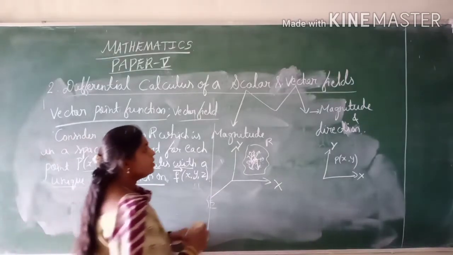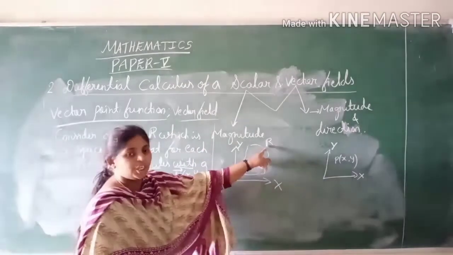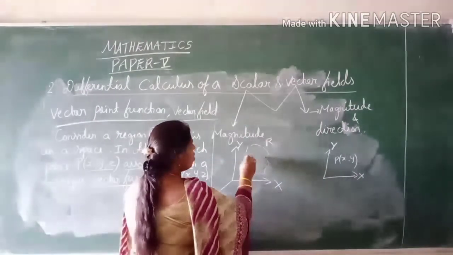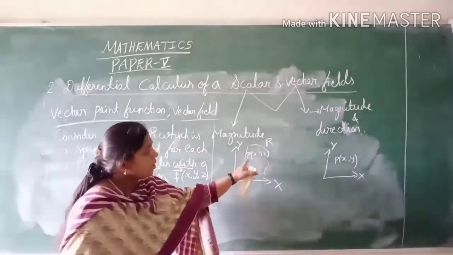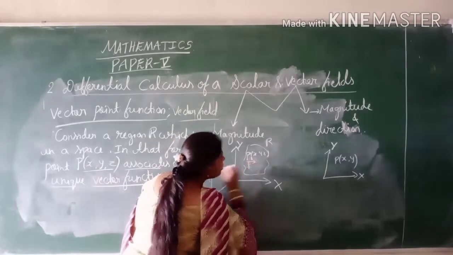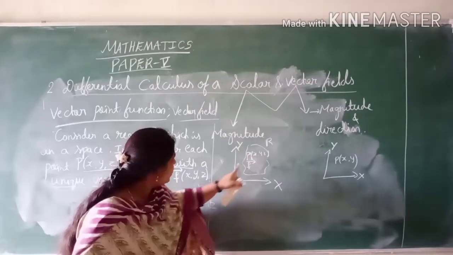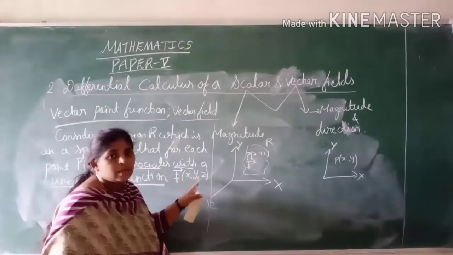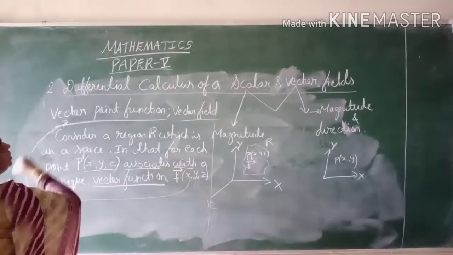This is a three-dimensional space with the region R and the point P of x comma y comma z, which associates with some unique vector function, vector f of x comma y comma z, which is called the vector point function.